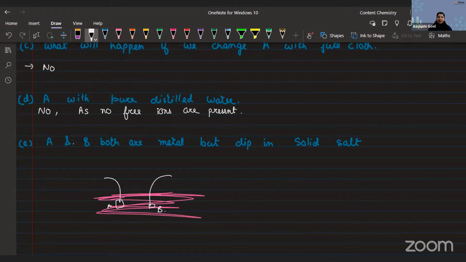Can I light up my bulb? The answer will be no. Because in this solid salt you will not have free ions, no free ions to conduct electricity.